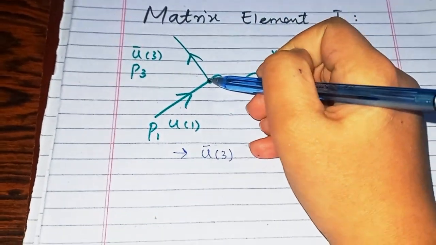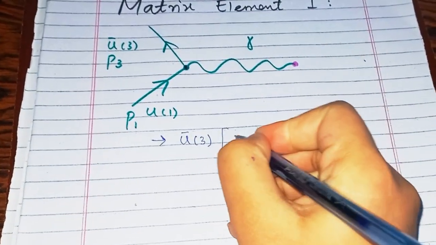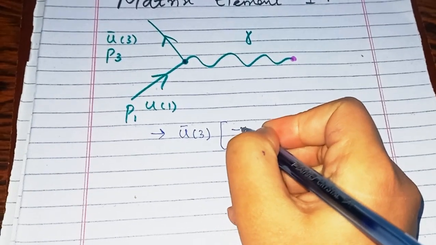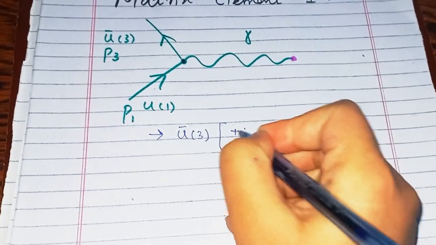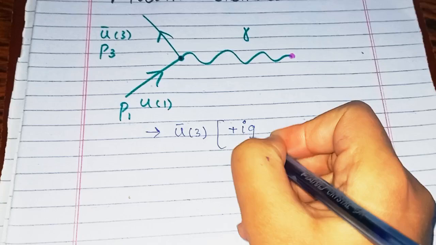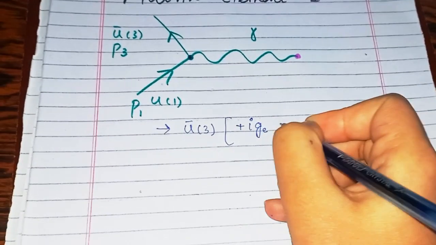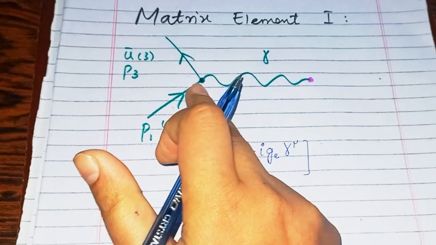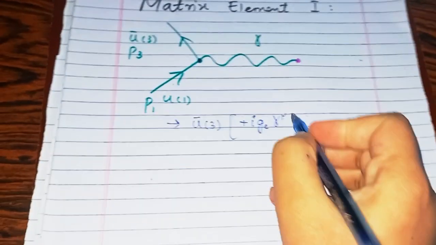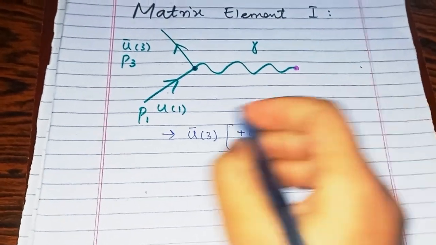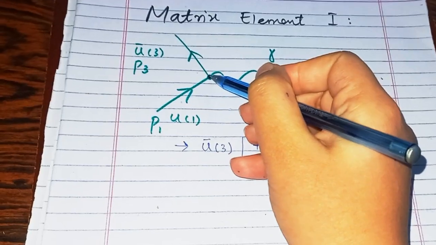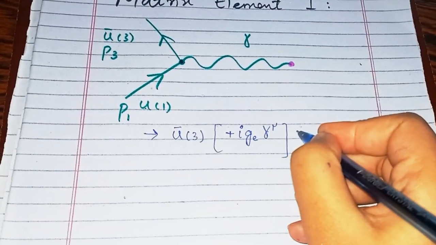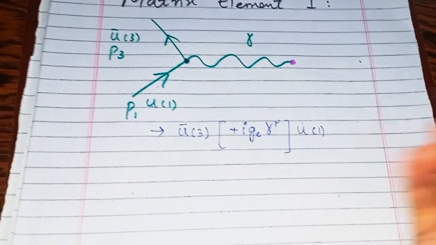Then comes the vertex vector, and the vertex vector is plus i g_e, then gamma with index mu over it, since it's an emission vertex. That is why mu over gamma. And then after this vertex, we'll have this external line, which is u of 1.